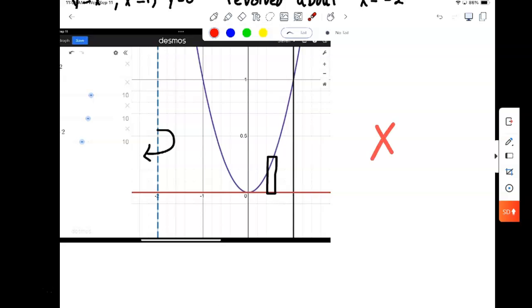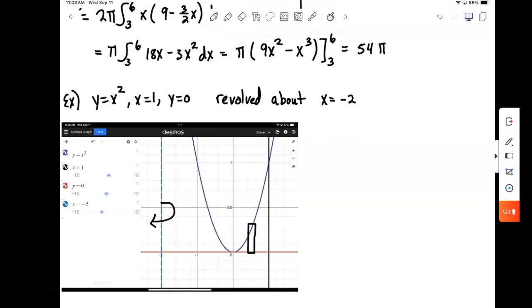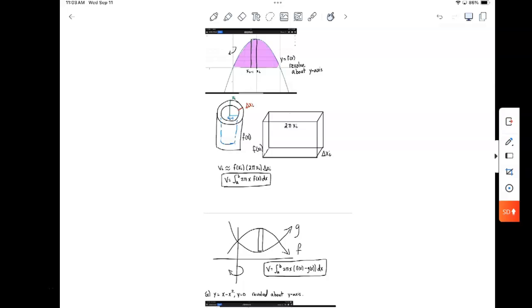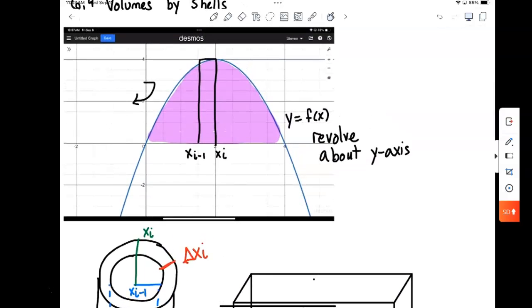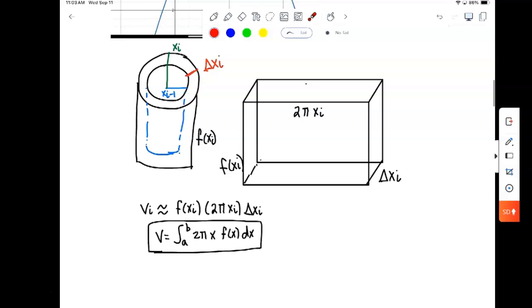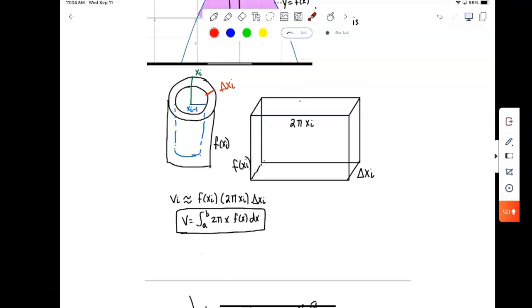But remember, if we go back to when we originally set this up, x represented the gap, how far you were from the axis, right? Because that had to do with your radial length. X was how far we were away, and that contributed to this part, how far we were away from the axis we're revolving about.